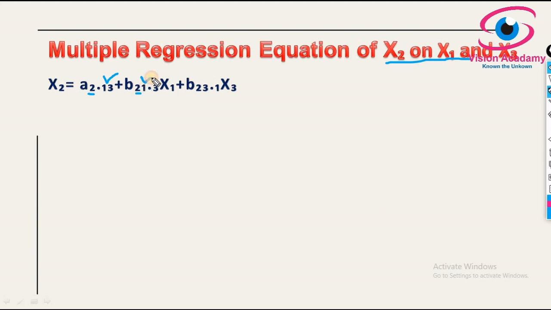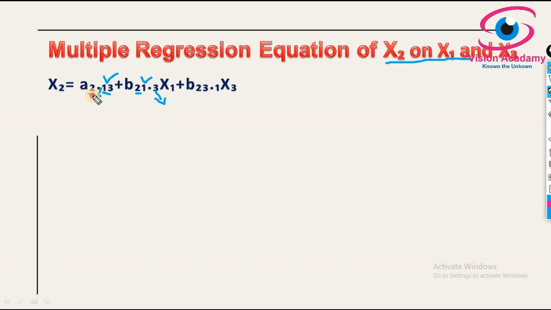In the case of partial regression coefficient, we see one dependent variable and one independent variable, keeping one more independent variable out of the ambit. In the case of multiple regression, we study the impact of two independent variables on one dependent variable.